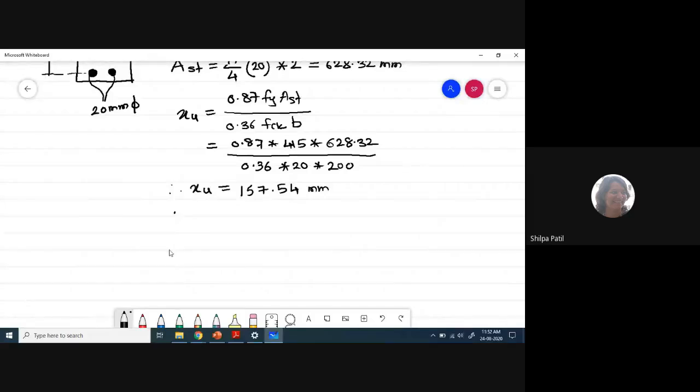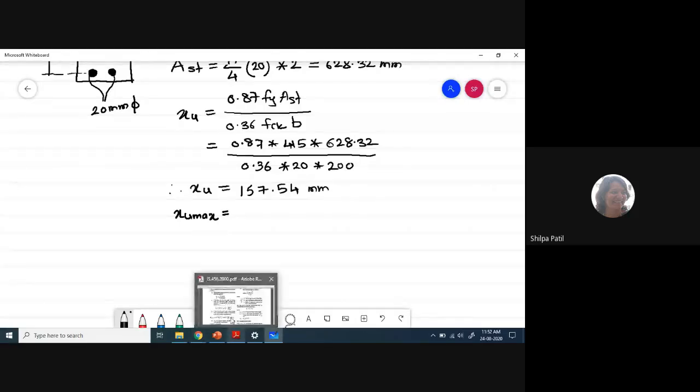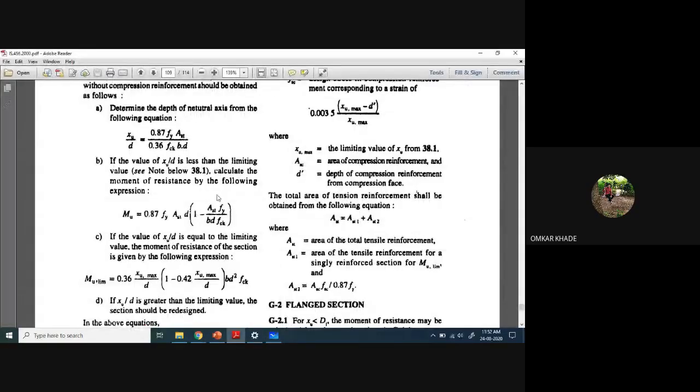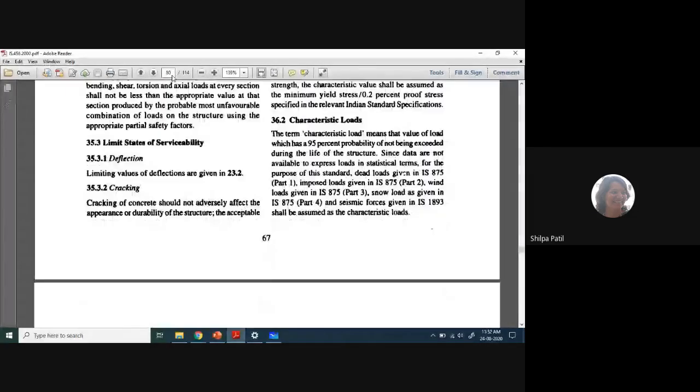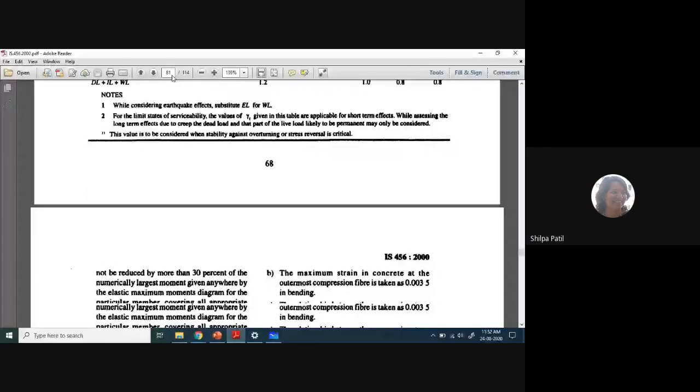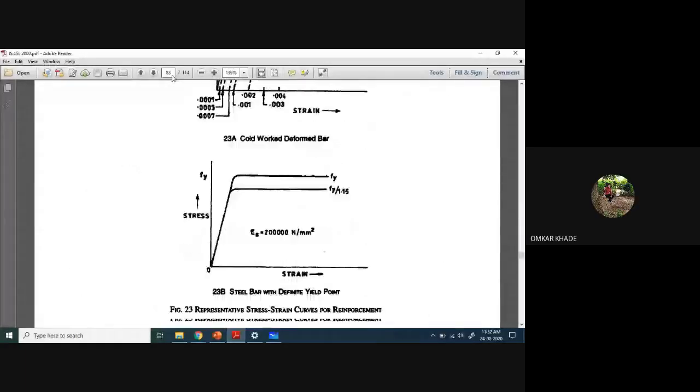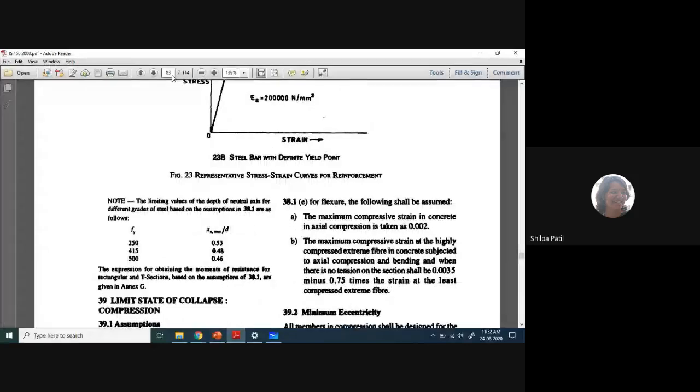So I will simply write down here XU max, which is equal to KU max into D. I want the value 0.48 for Fy 415. Yes, 415, correct. So for Fy 415, the value is 0.48.